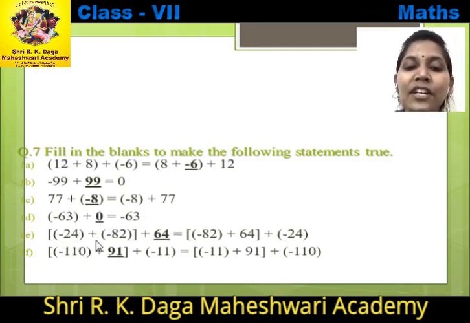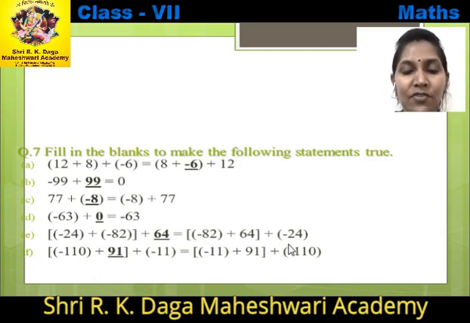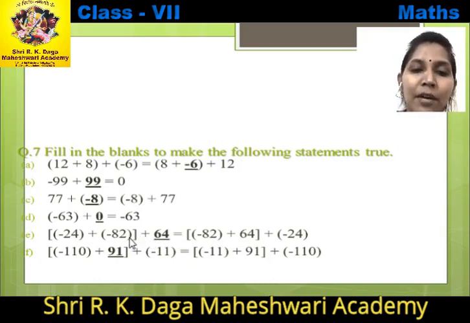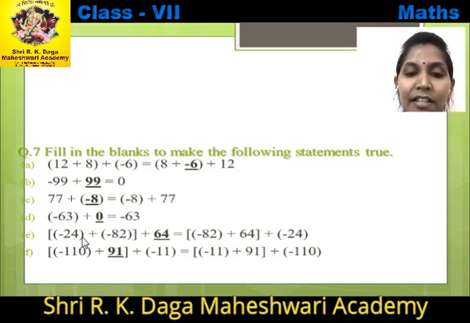Again minus 24 plus minus 82 plus dash is equal to minus 82 plus 64 plus minus 24. This is in the associative form. So minus 82 is on both the sides, minus 24 is also on both the sides. So the missing number is 64, which should be in the blank.